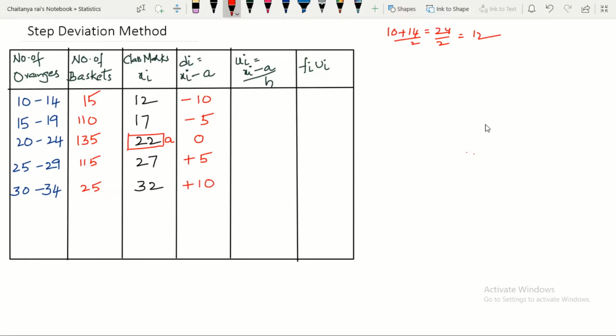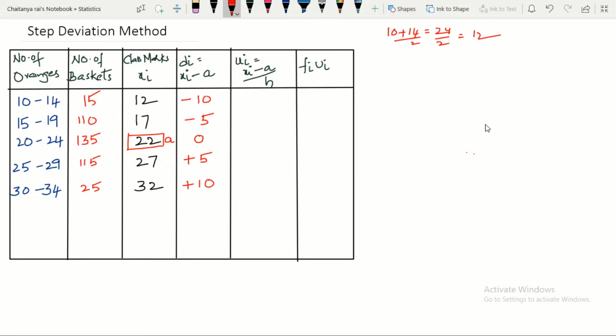So here we are just modifying the previous method, that is the step deviation method, and we are modifying this di as ui by dividing that di value by h, that is the length or size of the class.